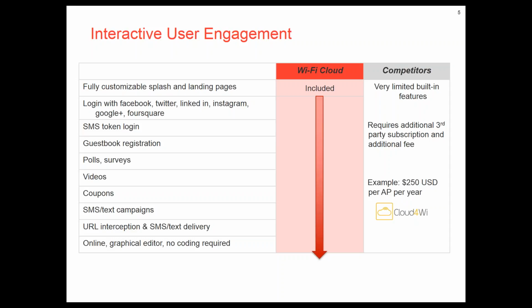If you look at our competition, it's usually kind of pay-as-you-go, usually requiring third-party subscriptions and additional fees per AP, which add up very quickly. So definitely something to keep in mind when you're looking at a Wi-Fi solution.